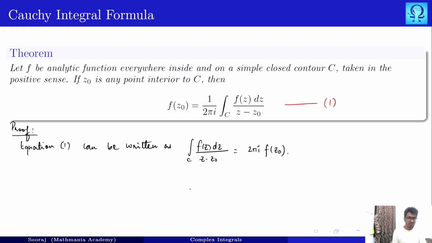So this is the easiest format in which we can prove it. Okay, now let us begin.